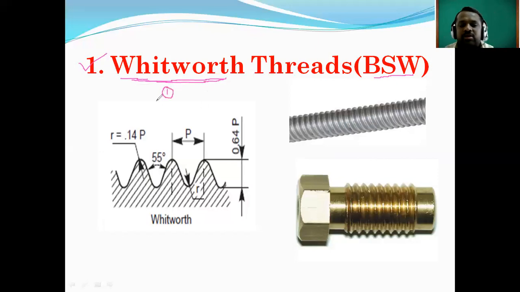The first is the thread angle, and the second is the application of that thread.